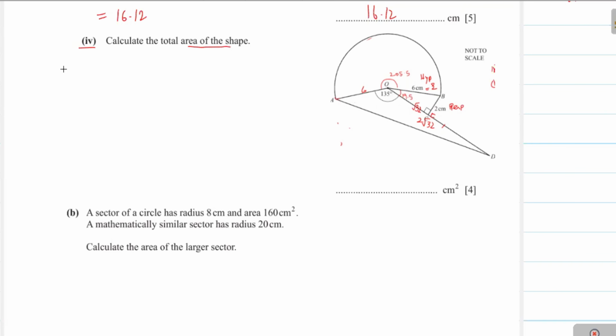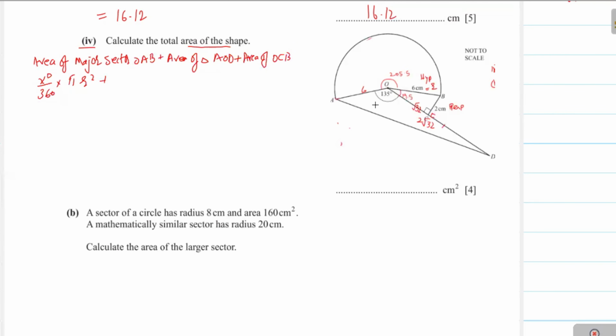Therefore, the total area of this shape will be equal to area of major sector OAB plus area of triangle AOD plus area of right angle triangle OCB. Now area of sector is equal to x degrees over 360 multiplied by pi r square.